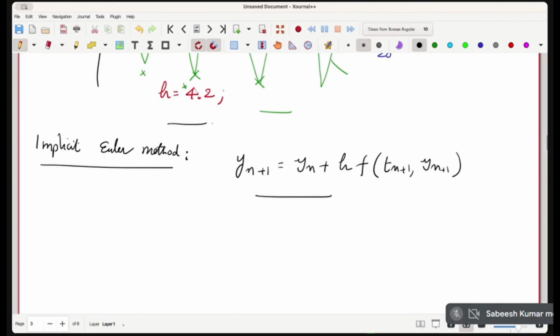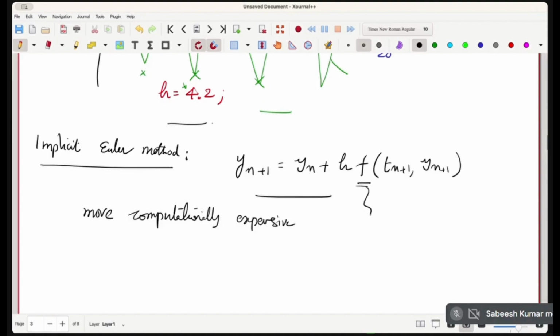So in general, implicit methods are more computationally expensive.